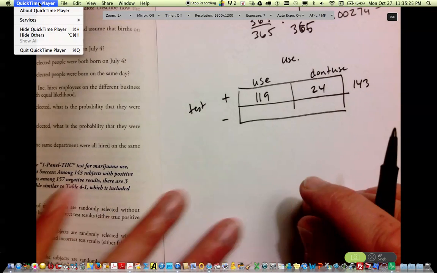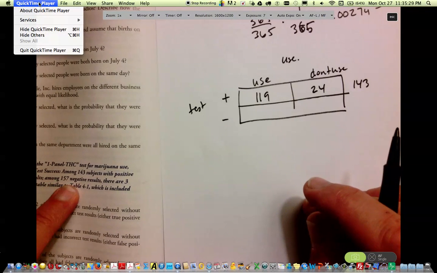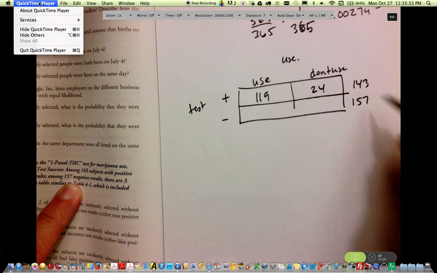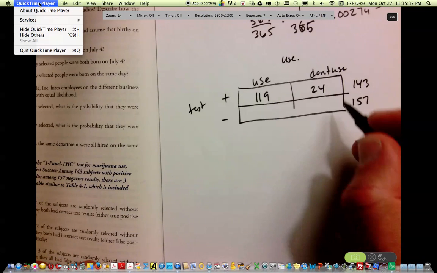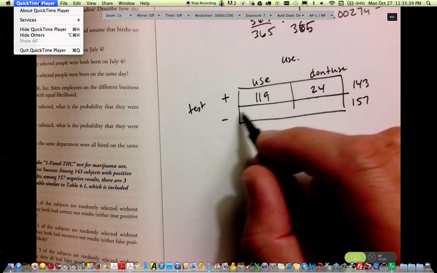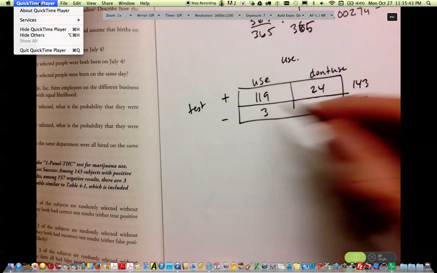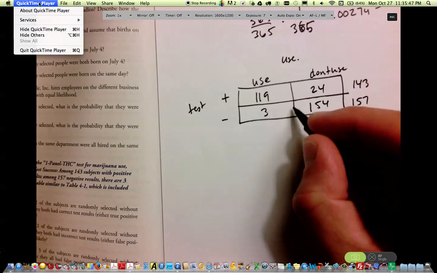And then it also says among the 157 negative results, so there were 157 of these people, there are 3 false negatives. These people are the ones that are testing negative, but they used drugs. There were 3 of them in this category, which means there were 154 left over.